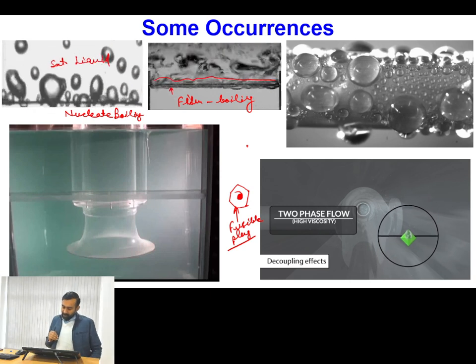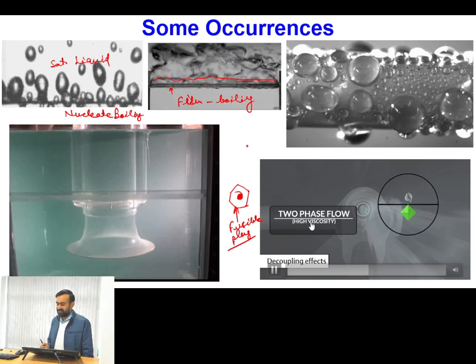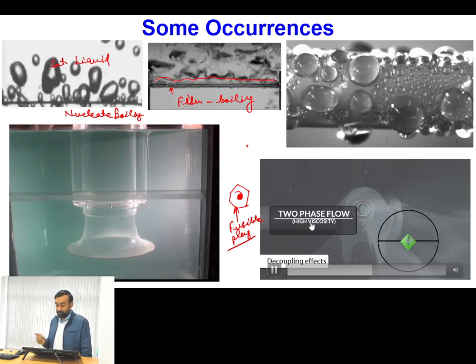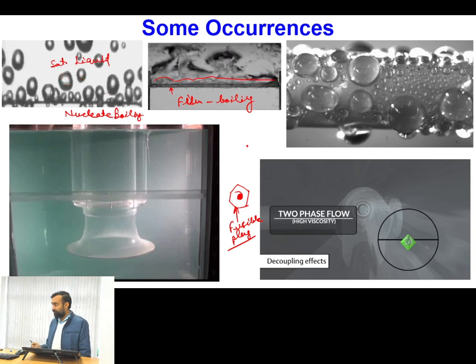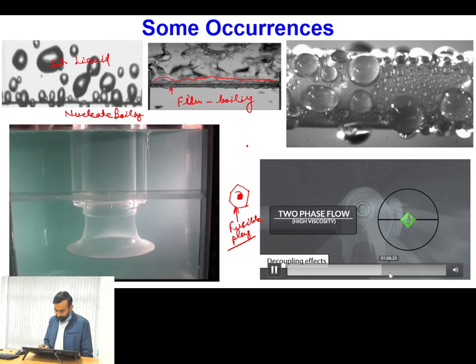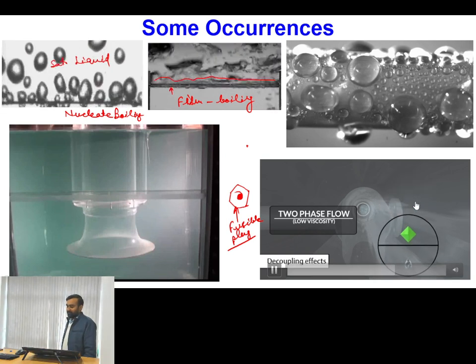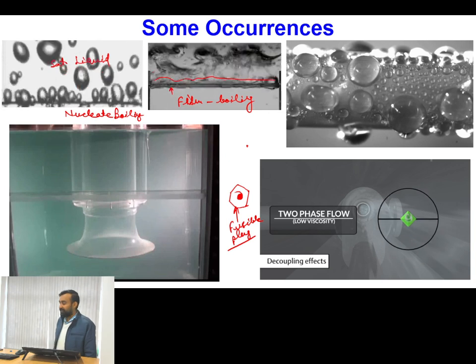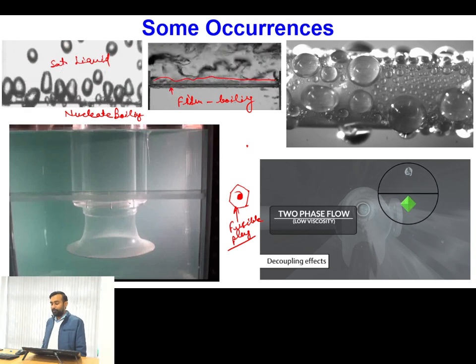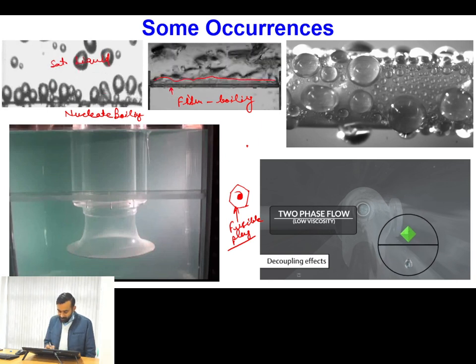On the other hand, if instead of a high viscosity liquid, a low viscosity liquid is flowing, then what will happen? You see now, the difference between the tube oscillation and the centroid of fluid oscillation is large.